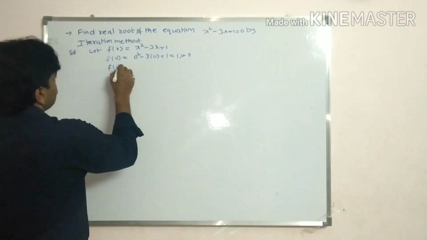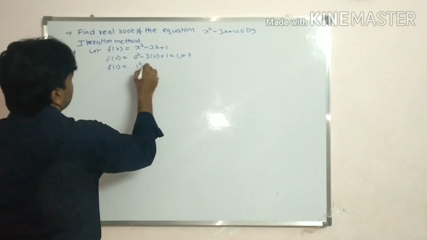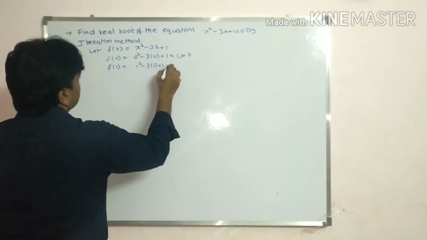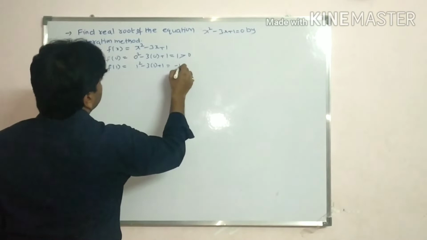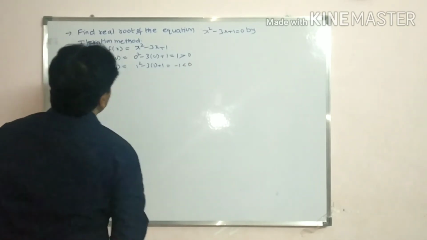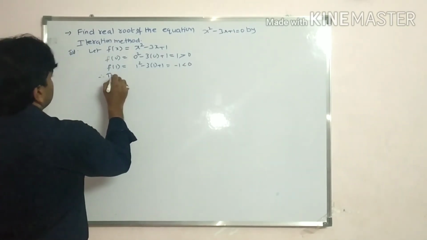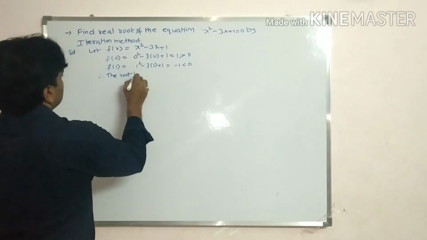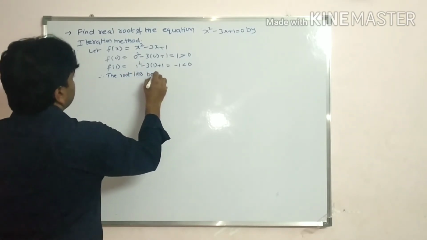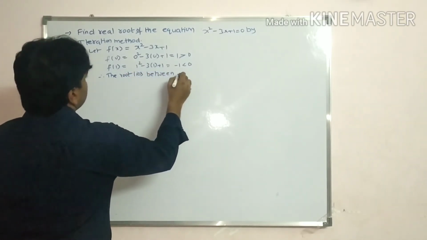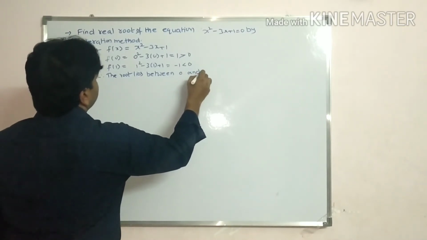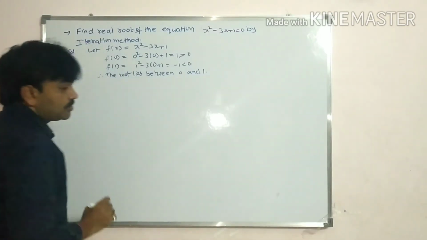And f of 1 is 1 square minus 3 into 1 plus 1, which equals minus 1, which is less than 0. Therefore the root lies between 0 and 1.